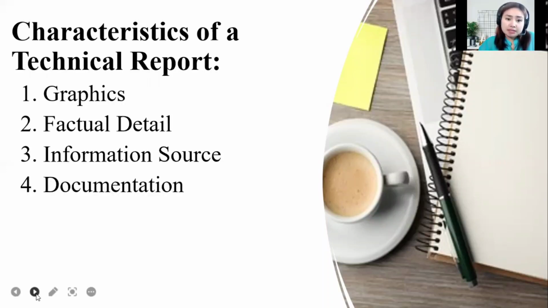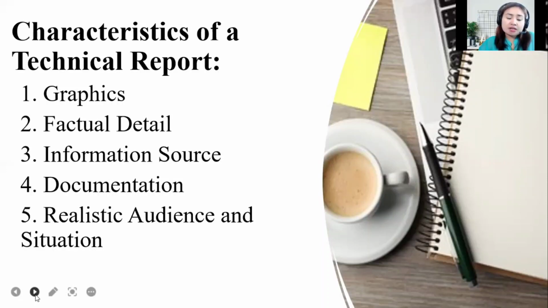Next, we have documentation. For documentation, you can also include pictures, and of course, you have to make sure that the report is well documented. And of course, realistic audience and situation, because you will be citing the audience and the real scenario where that thing happens.